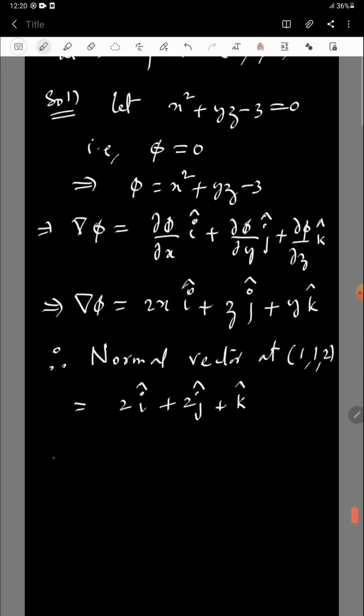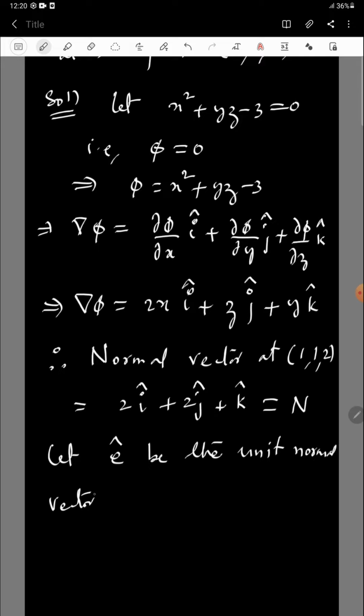Let us call it n. Let e cap be the unit normal vector. You all know that a unit vector can be calculated just by taking the vector and dividing it by the length of that vector.